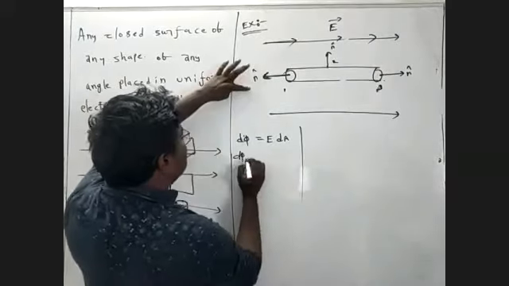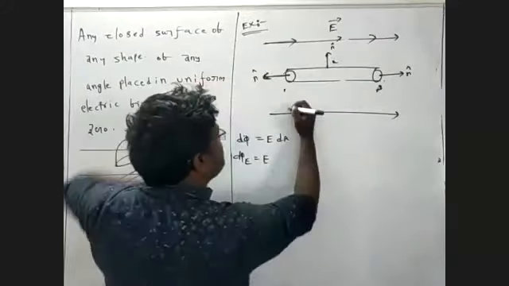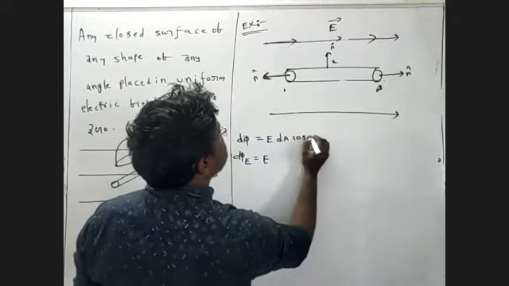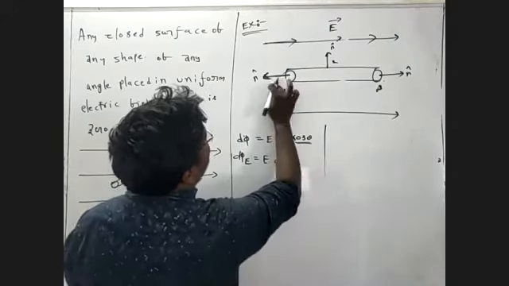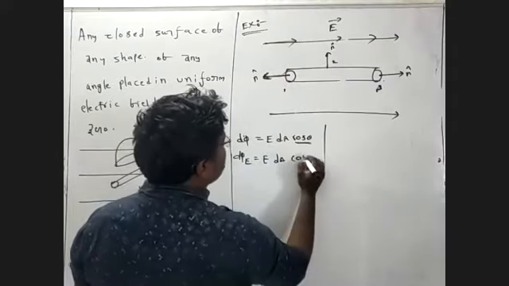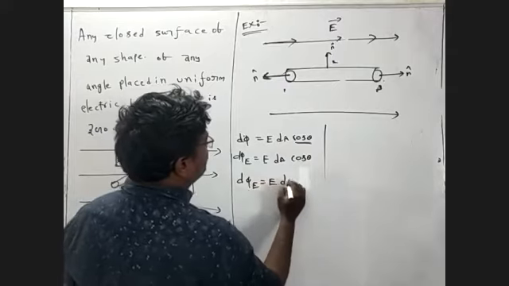So d phi, the flux, is equal to E bar, the direction of E bar in this direction, and this is the cos theta angle. Cos theta means the angle between n bar and E bar, cos 0 degrees. d phi is equal to E dA cos 0.